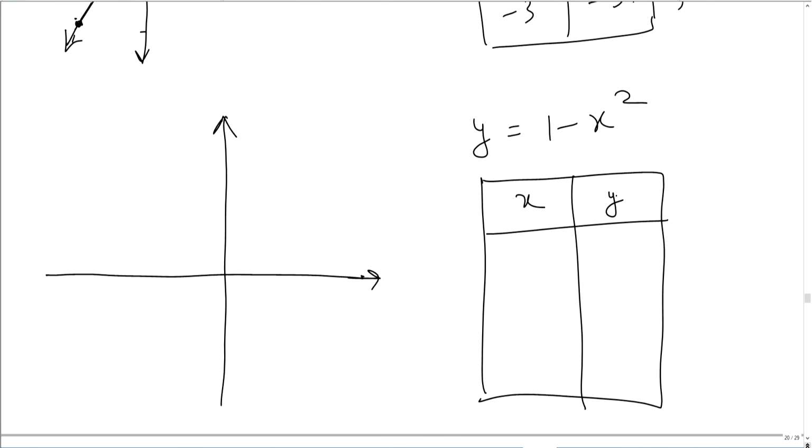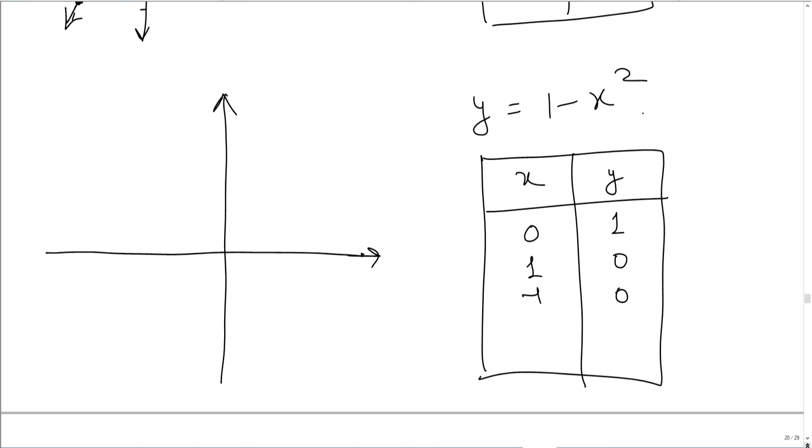What would be y when x is 0? When x is 0, y would be 1. What would be y when x is 1? When x is 1, y is 0. What would be y when x is minus 1? When x is minus 1, then y would also be 0, because minus 1 square is 1, and 1 minus 1 is 0. That's interesting. So y is 0 at both x equals 1 and x equals minus 1.